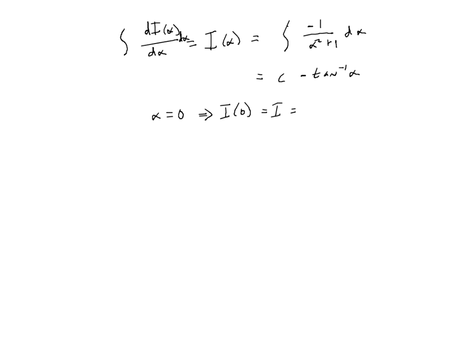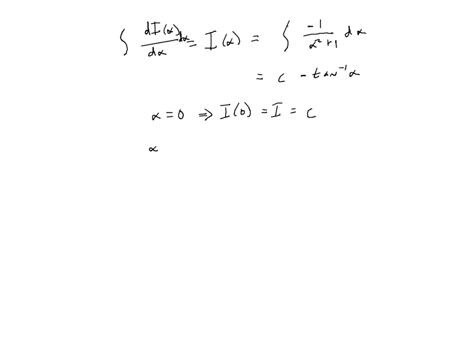And remember, this is inverse tangent, so it's basically sine over cosine. And so if alpha is equal to 0, the inverse tangent should go to 0. And so this is just going to be equal to a constant.